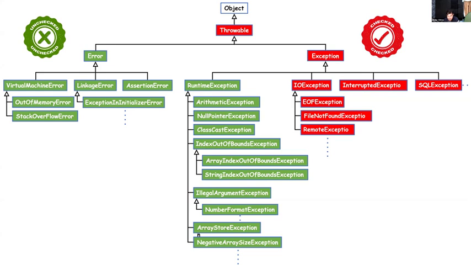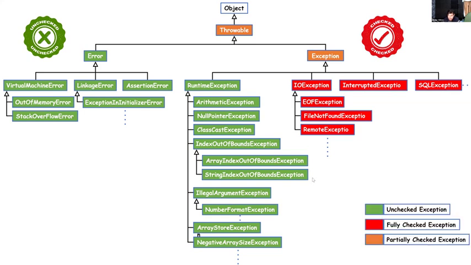First of all, in the Exception class, there are two categories in the children. Half of the child classes are unchecked, half of the child classes are checked. Are you able to identify that? Yes, no, maybe? And this is the hierarchy of exceptions in Java.